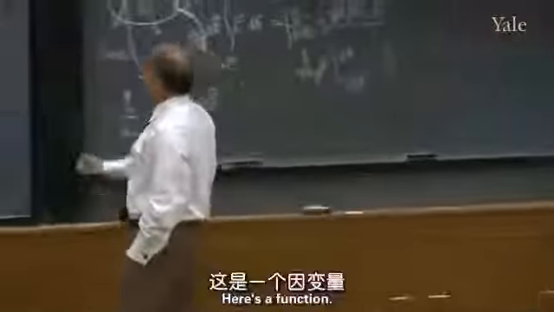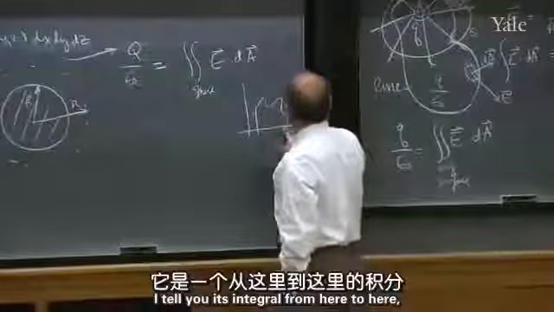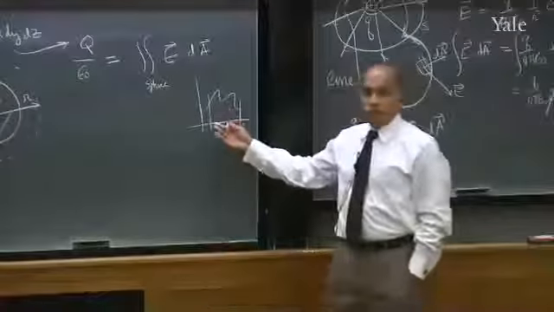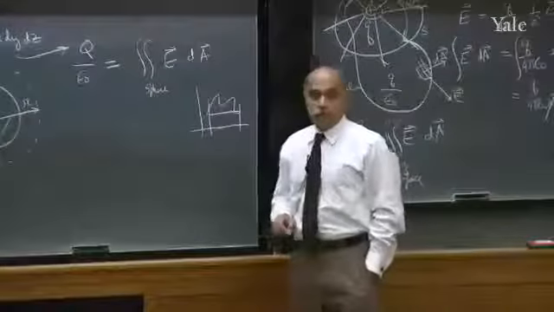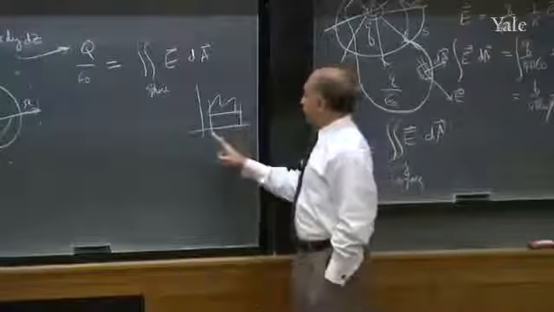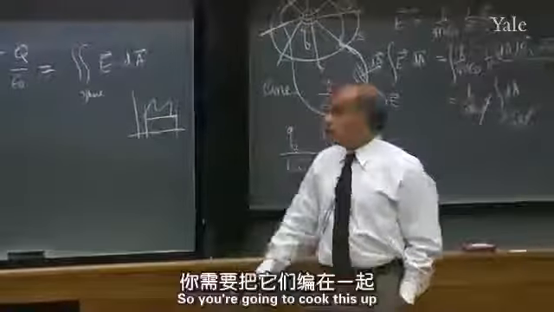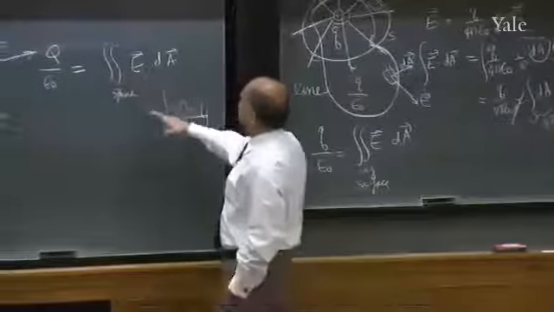Here's a function. I tell you its integral from here to here, but I don't show you the picture. What's the integrand? You don't know. But if I also tell you the function is a constant, then I tell you the integral, and you know the width of this region, you can find the integrand. So you're going to cook this up so that this whole integral is a constant times the area of integration.